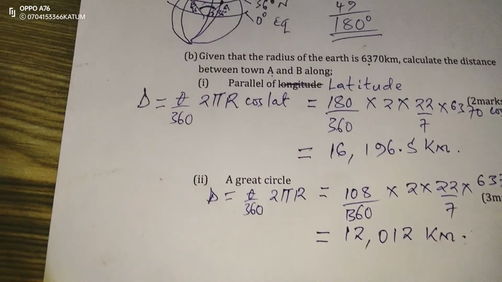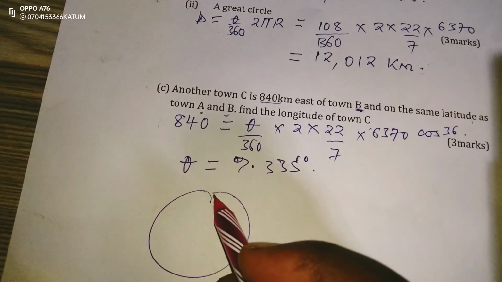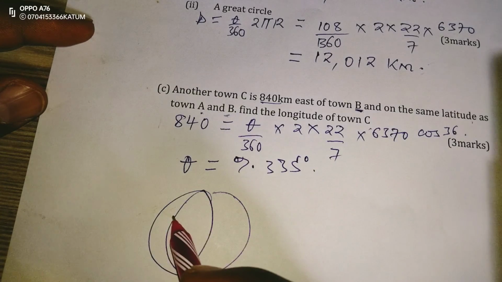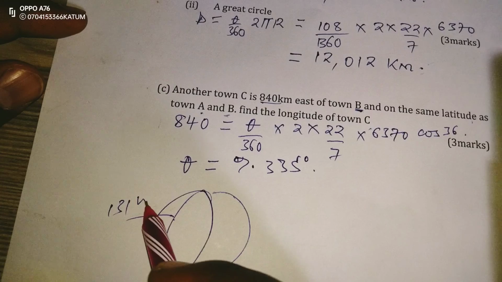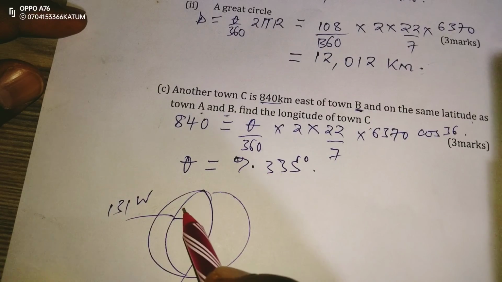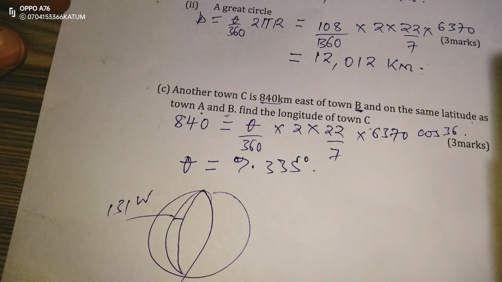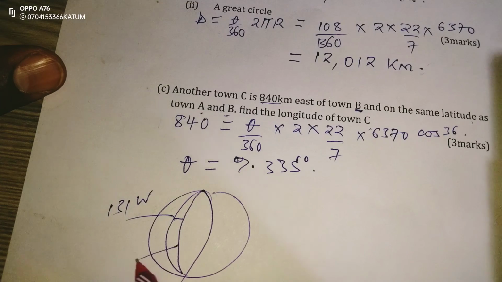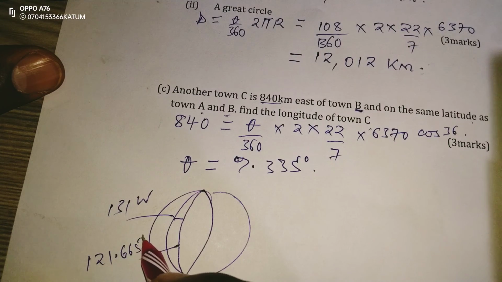So we have an angle difference of 9.335 degrees, and we are moving from a longitude which is already 131. So when we move towards the east, this is west, remember, towards the east by an angle difference of 9.335, we take 131 and subtract, and we will find ourselves at 121.665 degrees, still in the west.